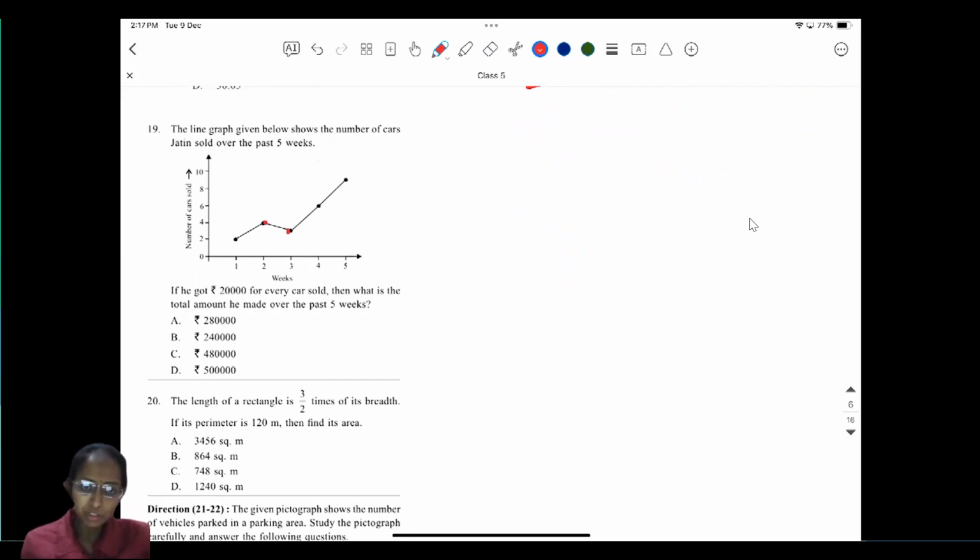So 2 plus 4, that is 6, 7, 8, 9. Then 6, that is 15. And then 8. 15 and 8, that is 23 cars he has sold in the total of 5 weeks. So per car he is getting 20,000.